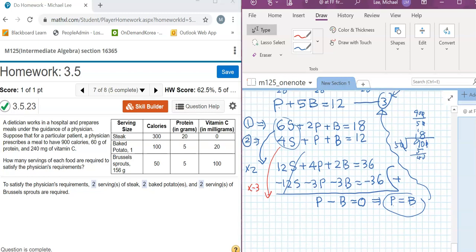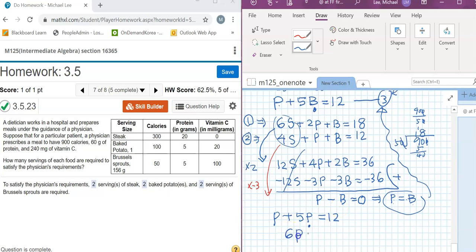So P plus 5P, because B and P are the same, equals 12. That means 6P equals 12. That means P equals 2.